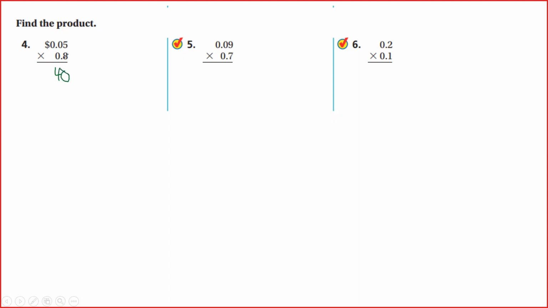The next, how many digits here before the decimal point? 1, 2. Look, 1, 2. And down here, how many digits?